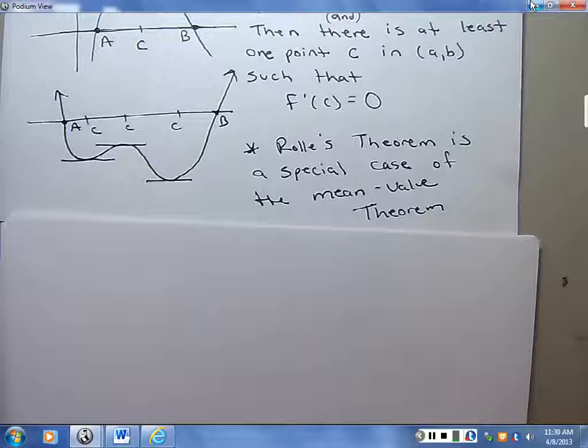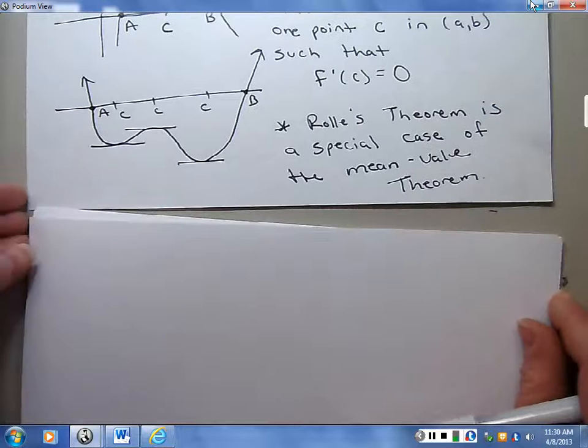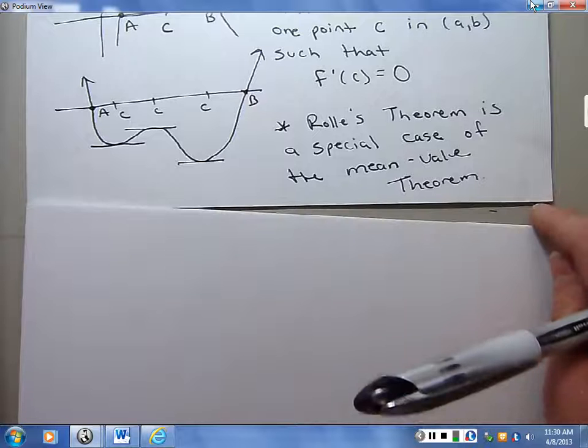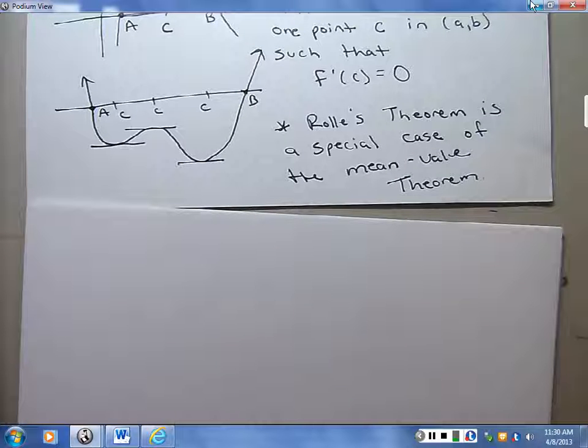Like in Calc 2, you'll talk about Maclaurin and Taylor polynomials. Maclaurin polynomials are specifically about the point x equals 0. But Taylor polynomials are any point. So in this special case, when you're looking at it at 0, it's a Maclaurin polynomial.